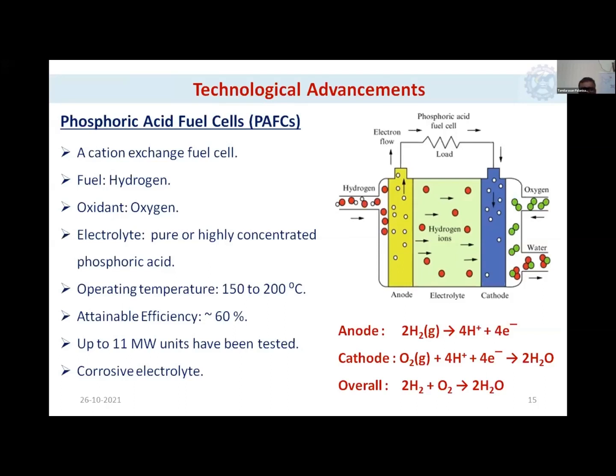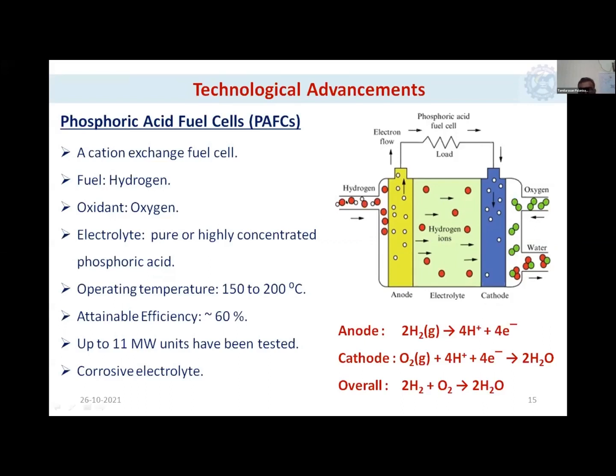Here, the phosphoric acid is used as the hydrogen ion conducting medium, because of course the proton has to be transported from anode to cathode, since it is a cation exchange medium. So the hydrogen ions are transported through the phosphoric acid. Okay, and this device works at 150 to 200 degrees Celsius, and it is once again a hydrogen oxygen fuel cell.